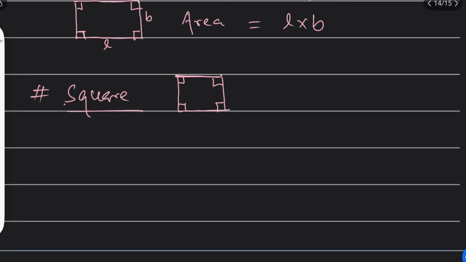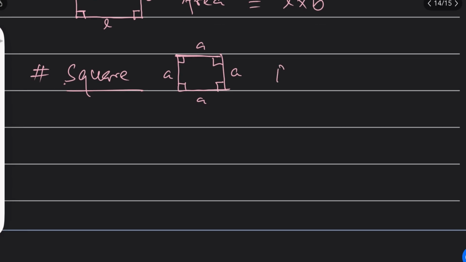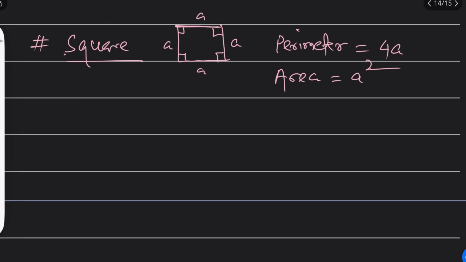Got it? If all sides are equal, I am saying all sides are A. So can we say the perimeter is what, sir? The perimeter will be equal to 4A and the area will be equal to side into side, side square, sir. Got it? Next, square you understood.